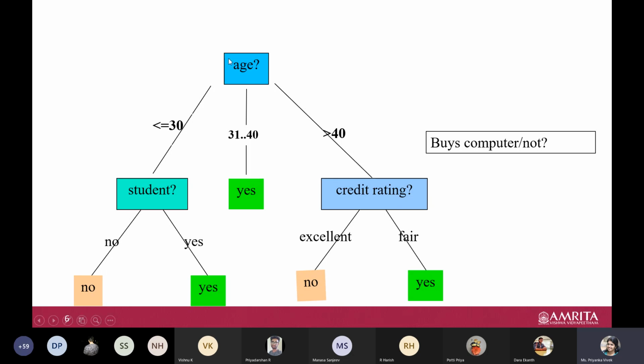So we stop. But at the previous node there would be enough entropy, because there were 3 values and there were positive and negative samples. If you consider age, there are positive and negative samples and there is disorder in entropy. So we try to split and bring that entropy down. That is how we draw our decision tree.